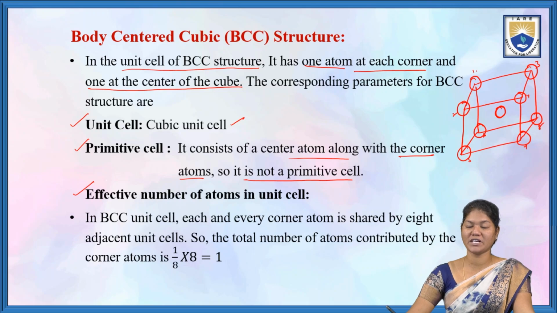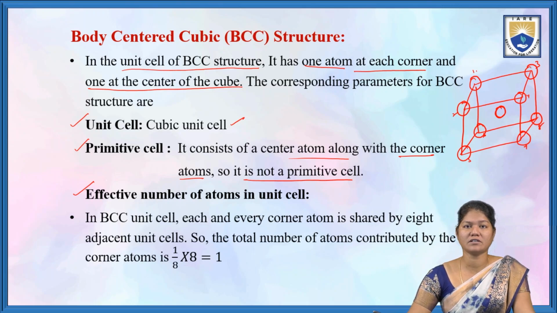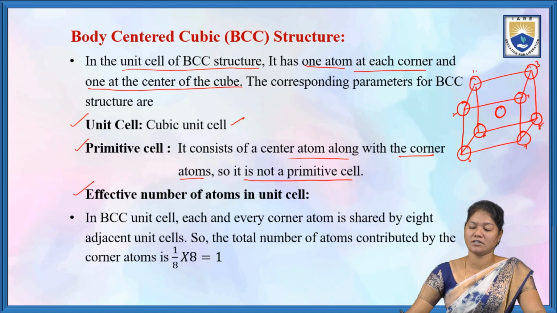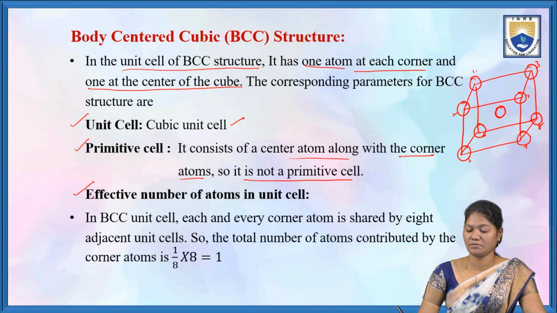So in this unit cell, along with the corner atoms, there is one more atom at the middle, so the total number of atoms is 2. It is made up of 2 lattice points, so it is not primitive.